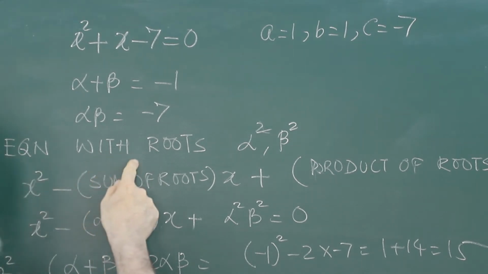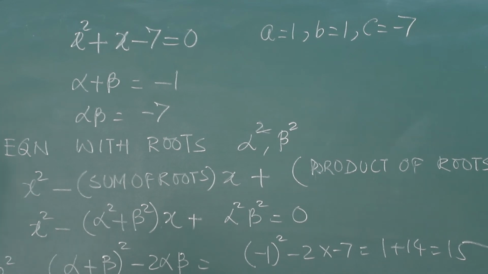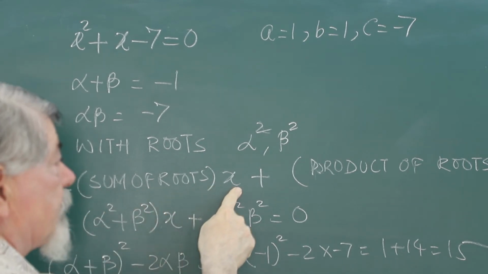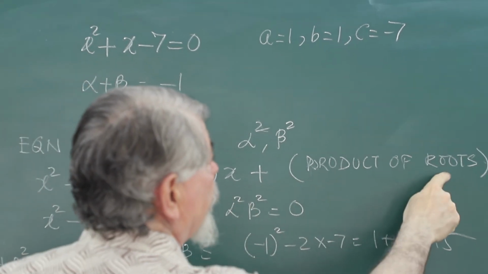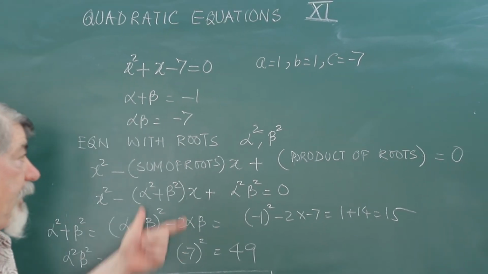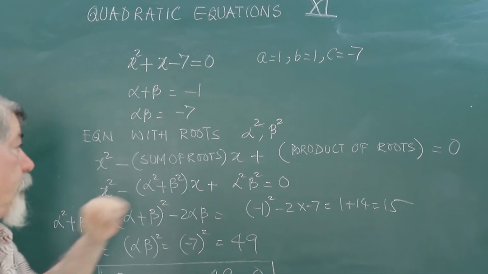We have to form an equation whose roots are alpha square and beta square. We taught you this thing, that if you know the roots of the equation, then this quadratic equation can be formed with the help of x square minus sum of the roots into x plus product of roots is equal to 0. We have derived this formula also for you.